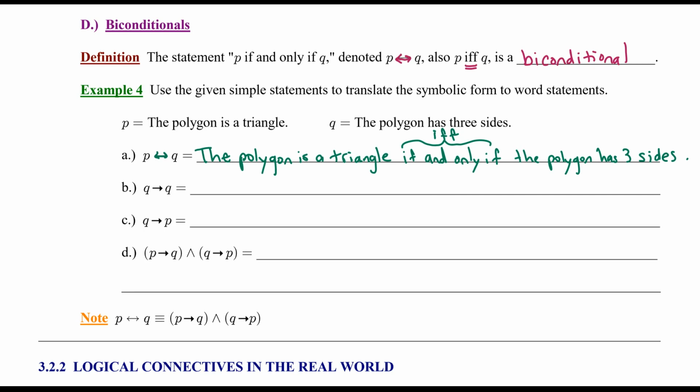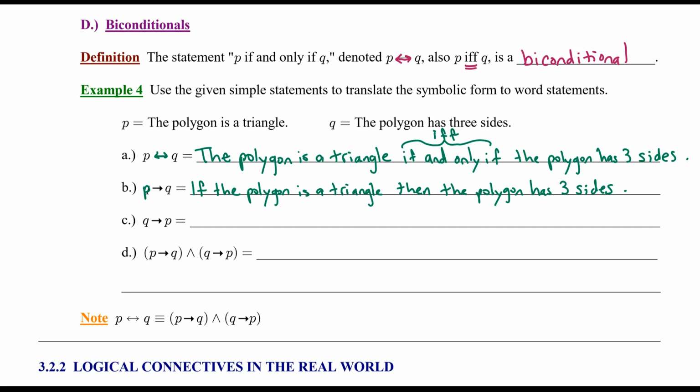Contrast that with the next example. The next example is a one-way conditional. And I've got a typo, sorry about that. Please correct that to P. With the one-way street, we're going to begin with the word if. If P, if the polygon is a triangle, then Q, the polygon has 3 sides. And statement C begins with Q and ends with P, and it is a conditional.